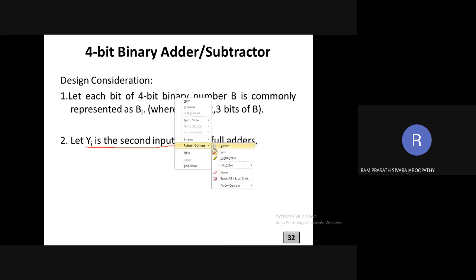For example, I will draw a diagram here. Consider this is my full adder 0, FA0. We are having two inputs. One is A. The other input must be given to a black box.